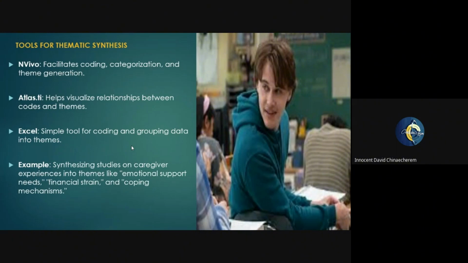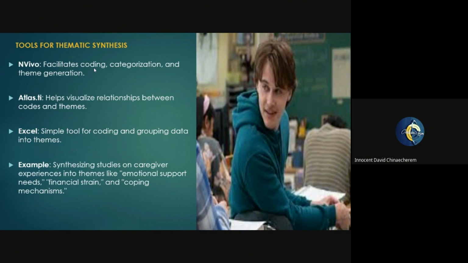Now there's software we call NVivo, which we explained earlier as well. It's also used for thematic synthesis, where we facilitate the coding, categorize it, and generate the themes. I also have the software we refer to as ATLAS.ti, which helps us see some of the relationships between the codes and the themes.